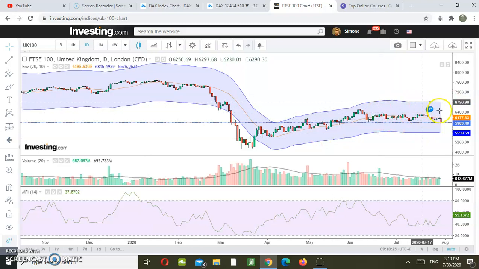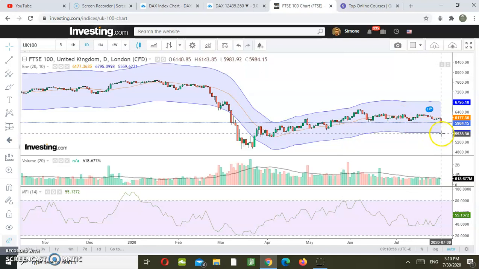In terms of daily analysis, as you can see here, we are still inside that rectangle that I've been suggesting to you. But the difference between the DAX30 and the FTSE100 is that while the DAX30 was hitting a new relative high, the FTSE100 has not hit a new relative high, which means the FTSE100 has a lower relative strength than the DAX30, which is important if we want to hedge the two indexes, for example.